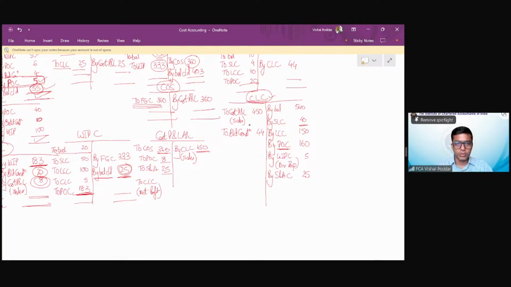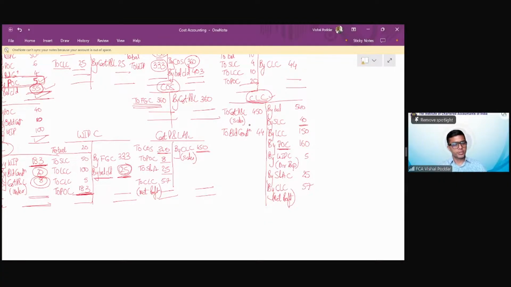So 360 plus 390, 390, 60, 60 minus 357. So profit which I'm getting is 57, which I transfer to CLC, 57, representing net profit.